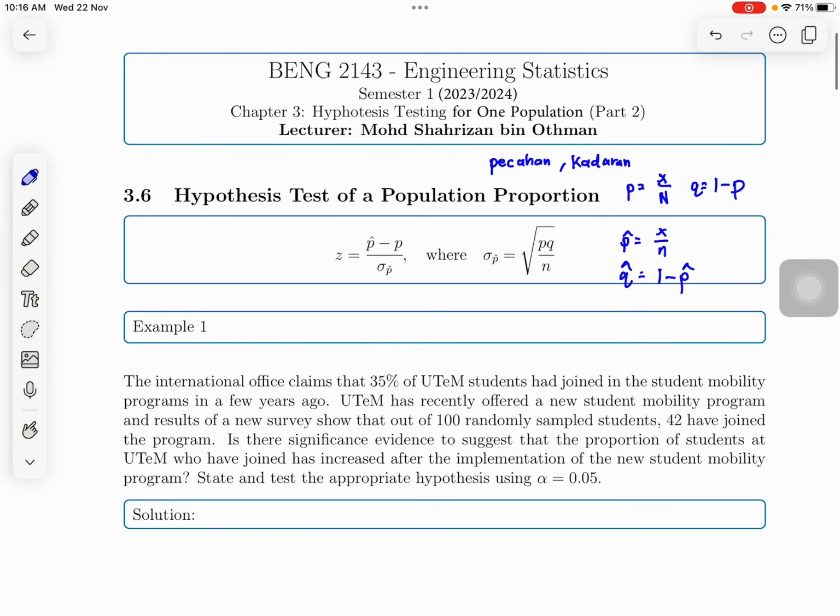Okay, so for hypothesis test of a population proportion, normally we will apply the Z distribution table.